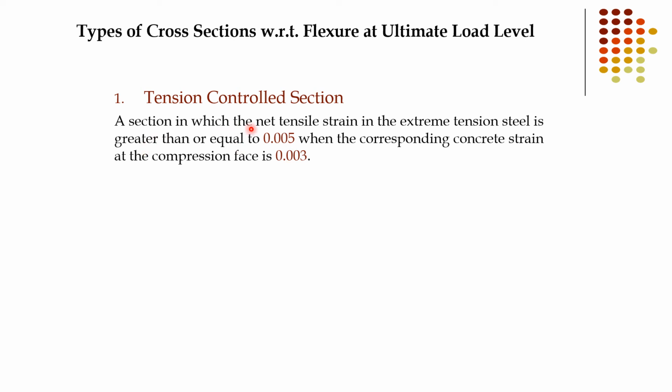A section in which the net tensile strain in the extreme tension steel is greater than or equal to 0.005, when the corresponding strain in concrete at the compression face is 0.003. What does it mean?